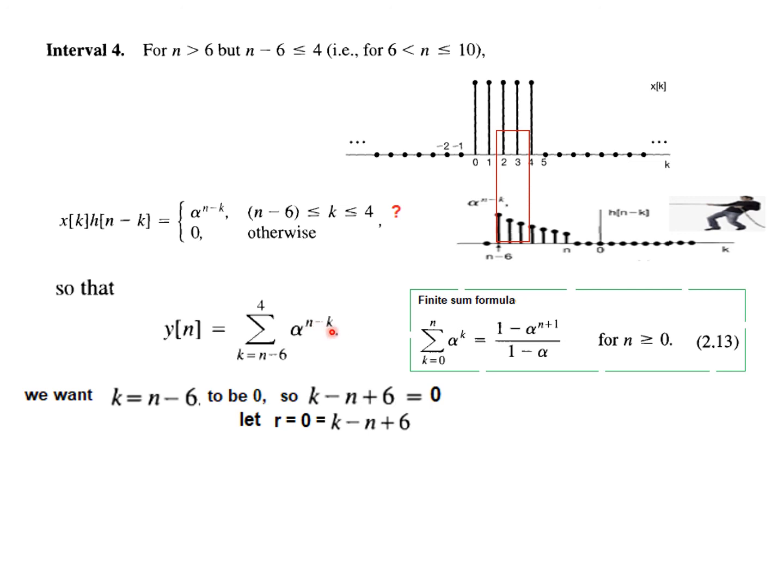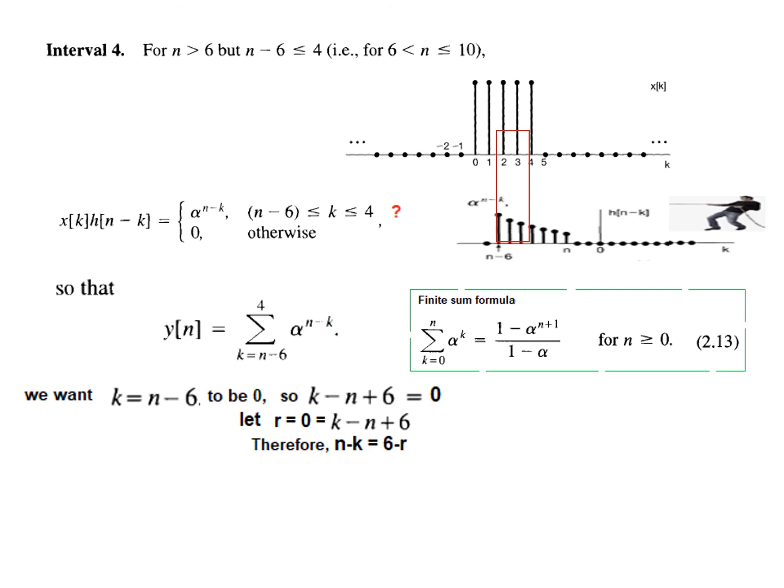Now what will happen to this n minus k? This will also change. So from here we can find n minus k. We move k to the left hand side, so it will be n minus k, and we move r to the right hand side, so it will be 6 minus r. So n minus k will now be replaced by 6 minus r.